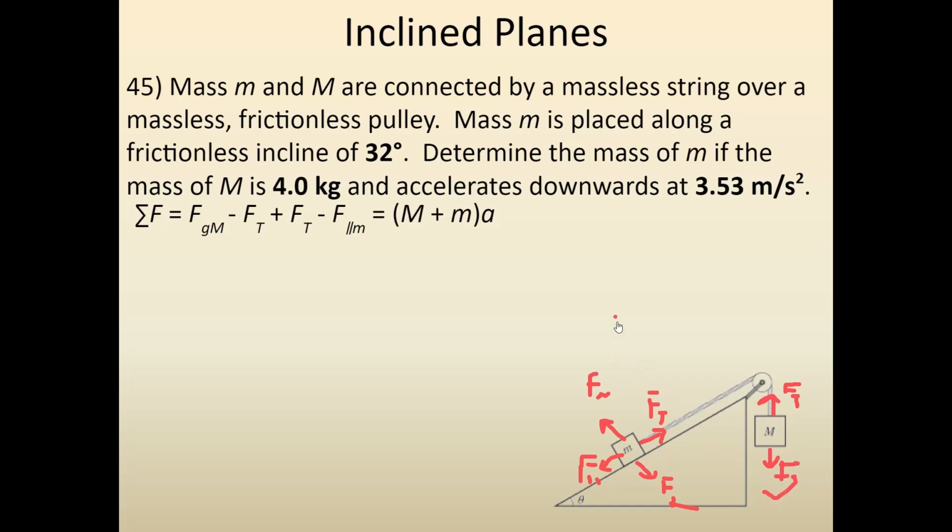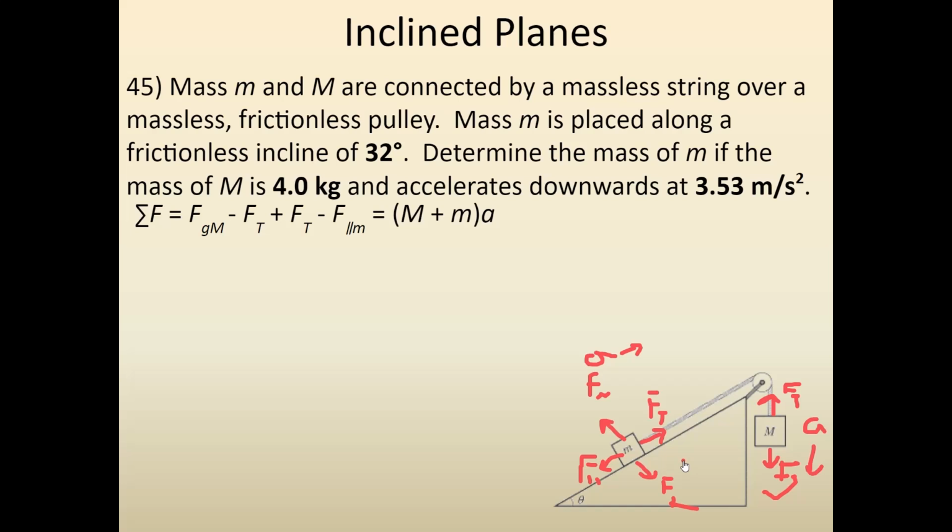And it says that this big mass is going to accelerate downwards, which means this object is going to accelerate upwards. So when I do my sum of the forces, I'm looking in the plane of the incline. The inclined plane step was to draw the FBD, breaking up Fg into its components. Once we break up the Fg into its components, we don't even need to worry about it being an inclined plane anymore.